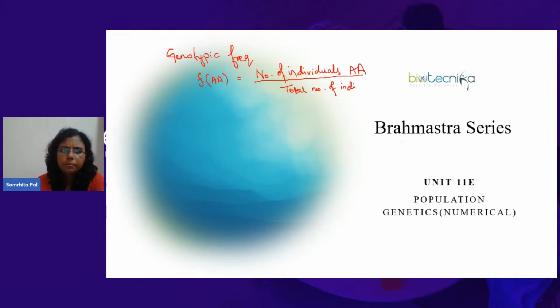Similarly, for the frequency of heterozygous, we use the same formula, taking into account the number of individuals who are heterozygous. For the frequency of homozygous recessive, I take the number of individuals who are homozygous recessive.